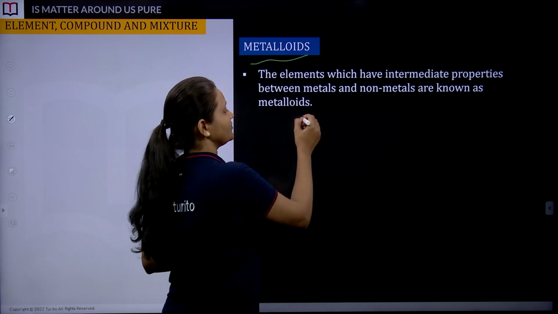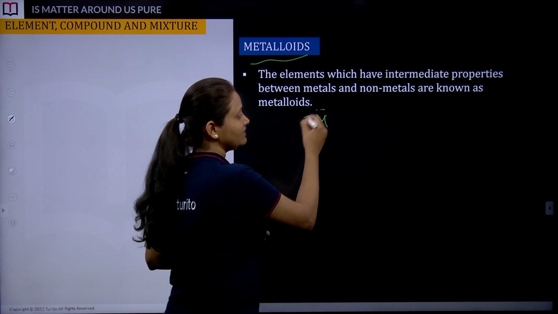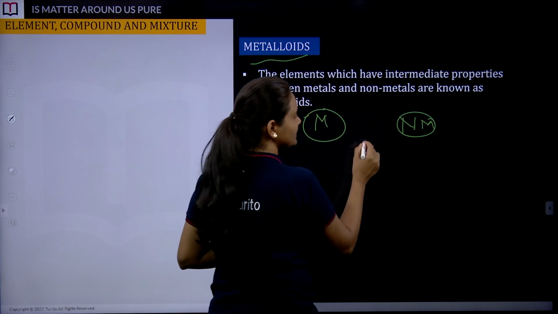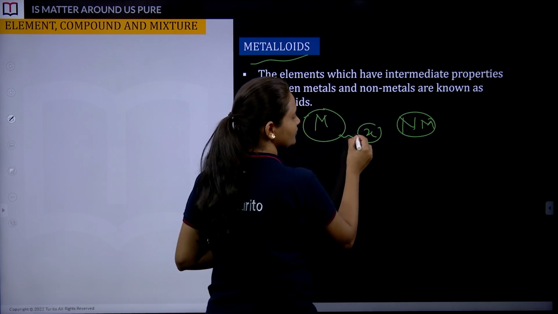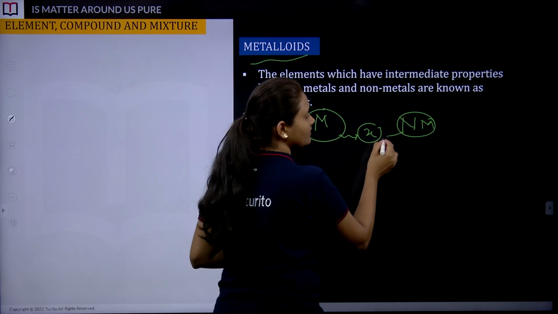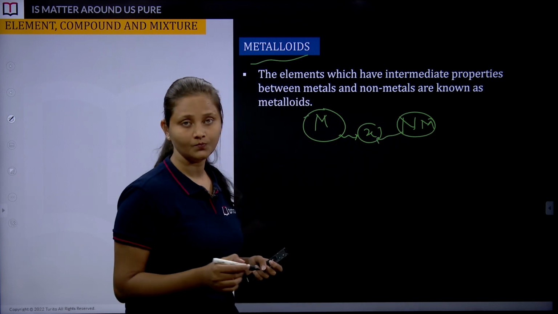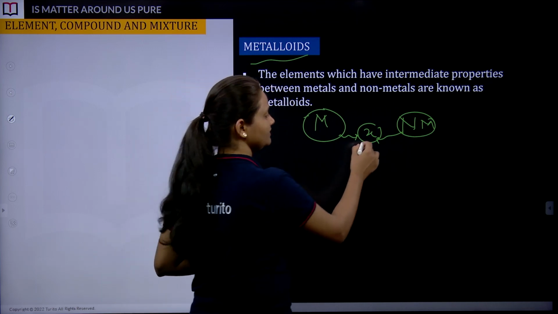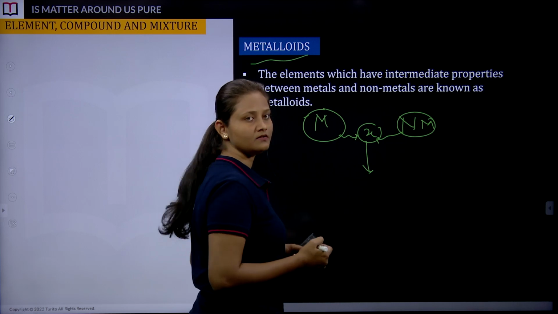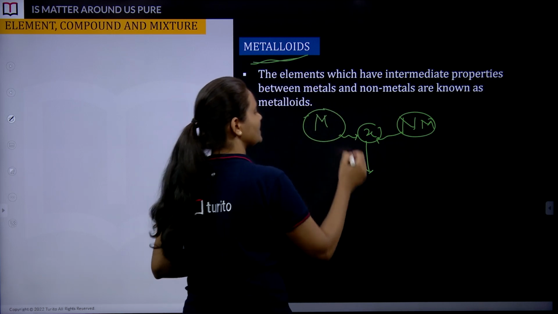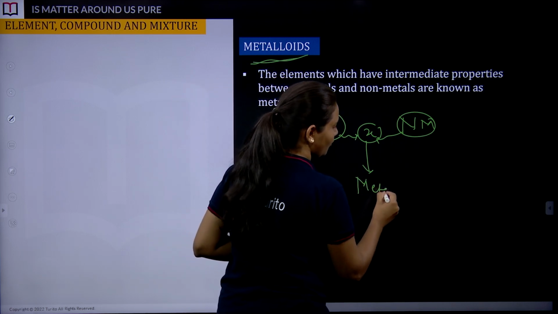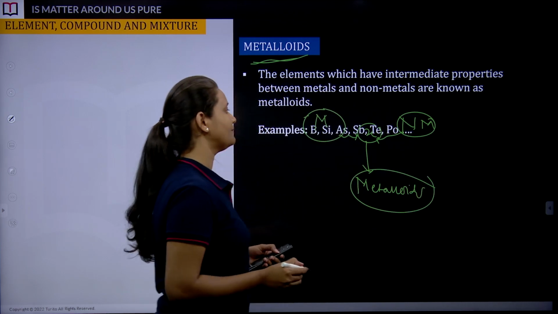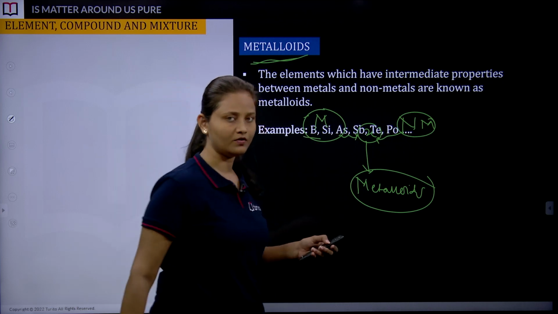Suppose I have a metal and a non-metal, and I say X is a metal which shows properties of metals, or shows properties of non-metals too in certain favorable conditions. What do we call this substance? Metal or non-metal? We have a term called metalloids. We have seen some examples of metalloids: boron, silicon, arsenic.